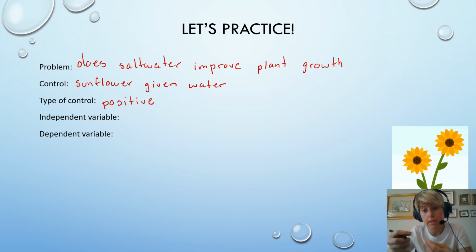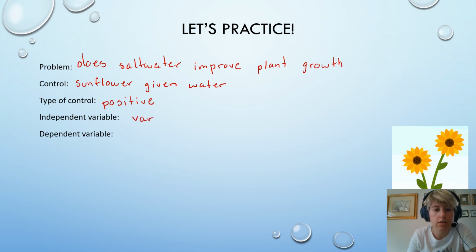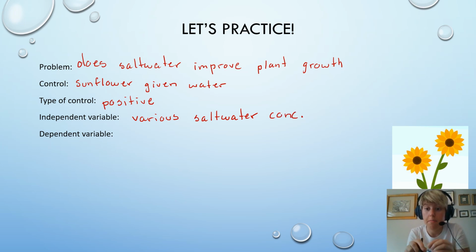So by giving my sunflower just water, it will grow. My independent variable would be my various saltwater concentrations. Because again, that is what I am differing from my control, which is just the plant getting water. And then my dependent variable, again, would be the height of the plant.